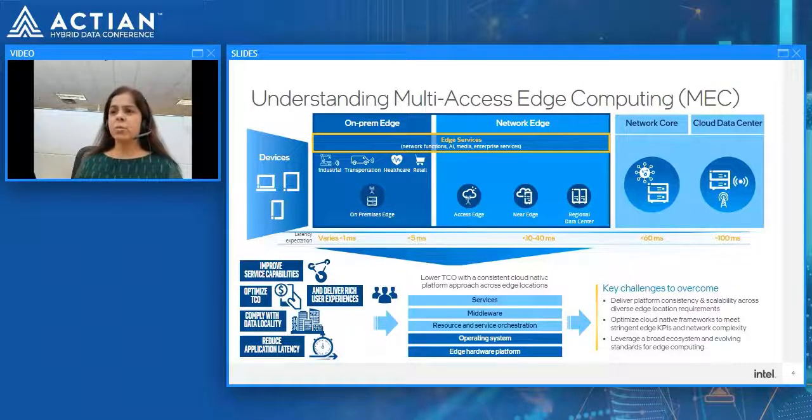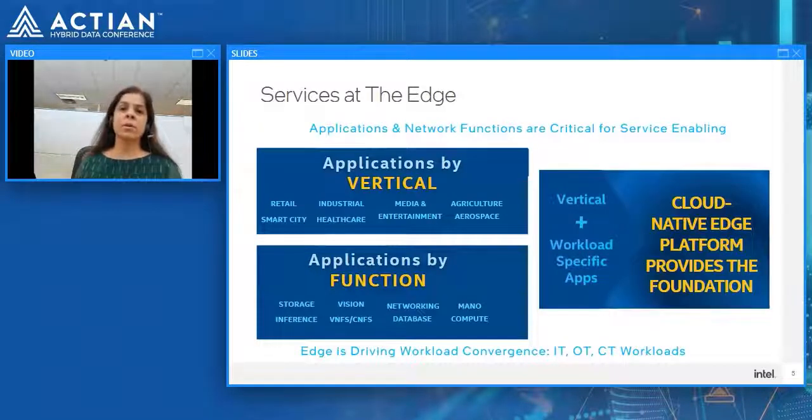So let's get into more detail on the kinds of workloads that come into play when you build services at the edge. Edge is a very disruptive space. I told you before that there are going to be applications across verticals: retail, industrial, media and entertainment, agriculture, aerospace, military, defense, and many more, where time sensitivity is important for mission-critical applications.